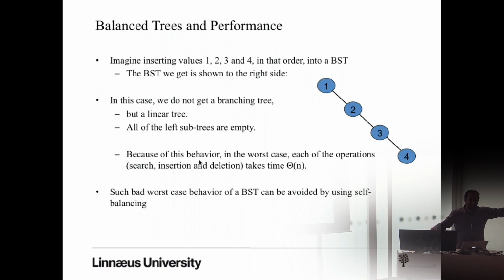The solution for this kind of problem is that you can have some kind of self-balancing mechanism, so that no matter the order in which you add the elements, your tree should reorganize itself to make sure that it doesn't grow on one side.